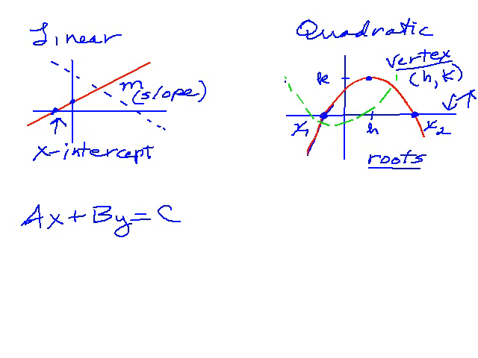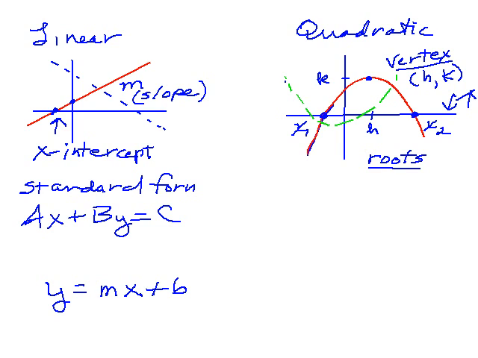There's another way that's actually more graphing friendly, and that's y equals mx plus b. You're familiar with both forms. Both of them are equations for a line. This is your standard form for the equation, and this I call the graphing friendly form because it has certain elements of the graph already built in and you just have to read them off.